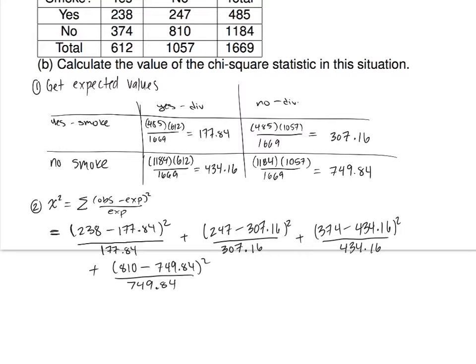You should actually verify that you can punch the buttons correctly on your own. Make sure that when you do this, you get chi-squared is 45.297 approximately.